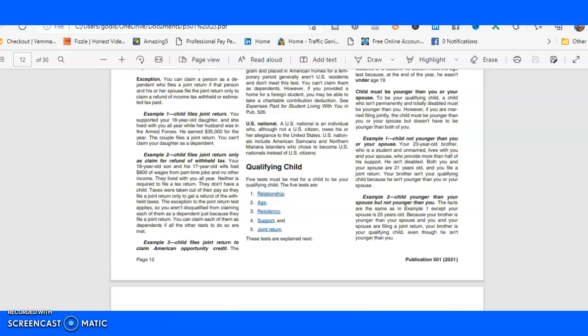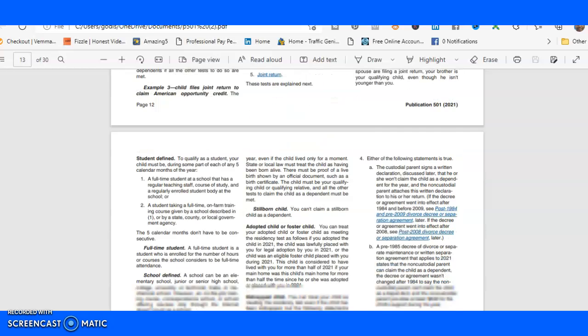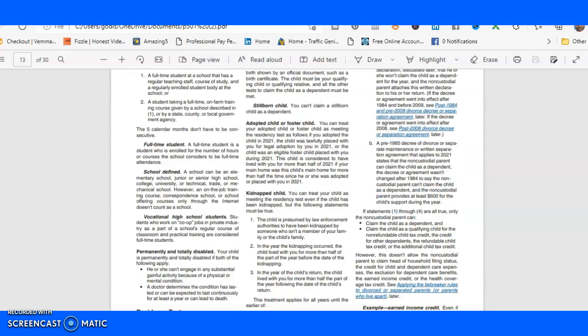So the next one will be support. And support is all about the dependent not being able to provide 50% or more of its own support.